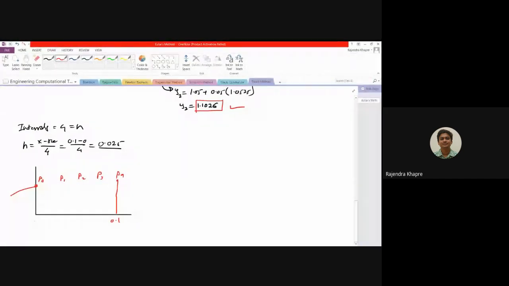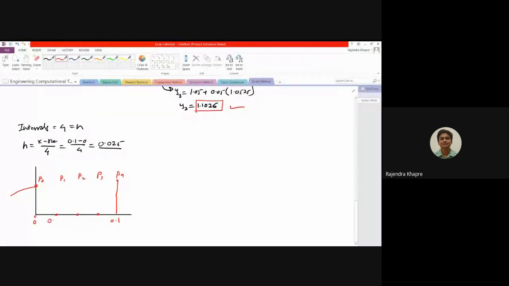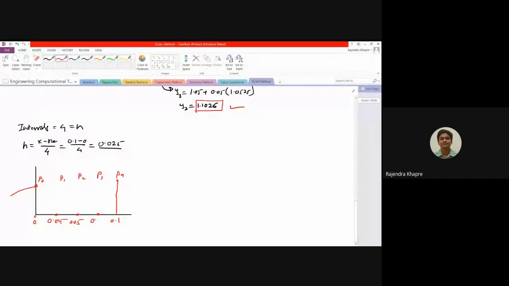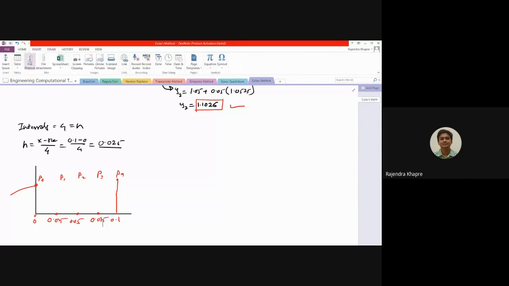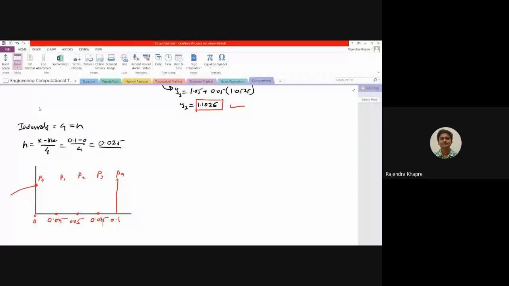Here this value will be 0, and in between you have different points: this will be 0.025, this will be 0.05, and this will be 0.075. Now I am going for a simple table, so the table becomes slightly easier for us.